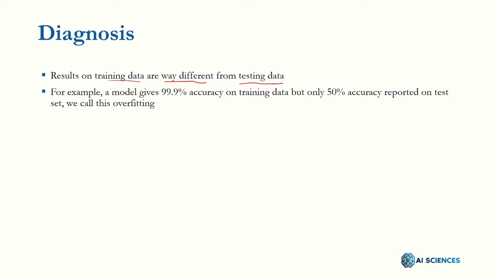Overfitting has happened, meaning our model has gone biased towards the training data and it is not performing well on the testing data. For example, if a model gives 99.9% accuracy on the training data, but when it is tested with the testing data it only provides 50% accuracy, it means our model has bias towards the training data and is not giving good results on testing data.